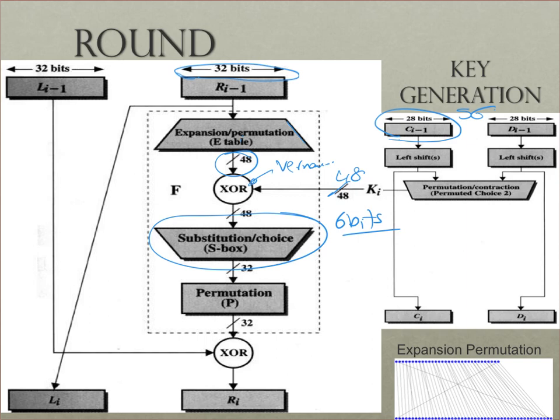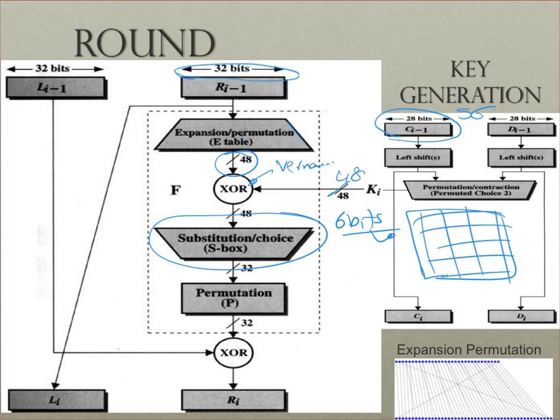And each 6 bits will be used to look up some 4-bit value from a lookup table. From a lookup table. So each 6 bits will be mapped to 4 bits.